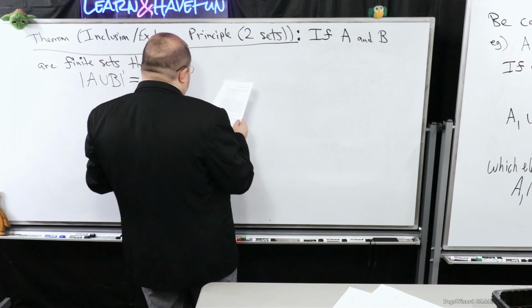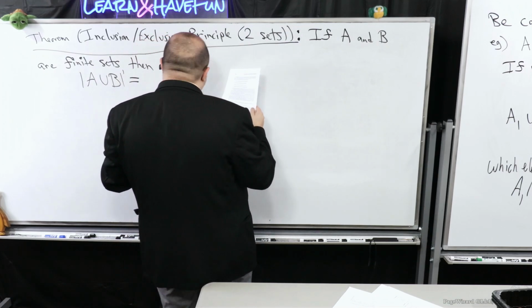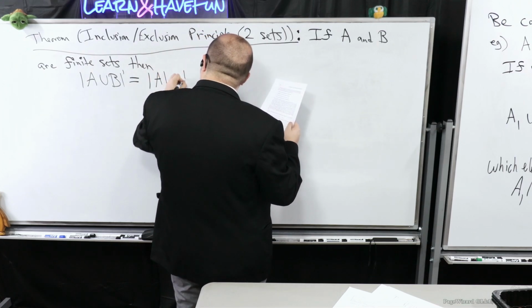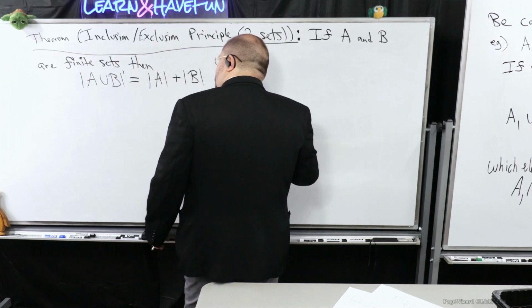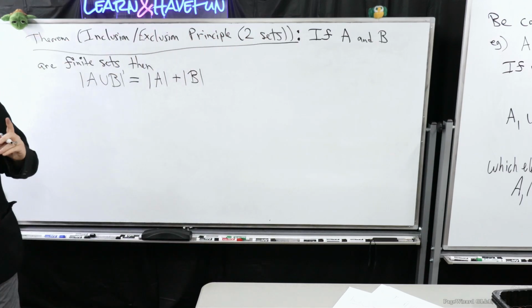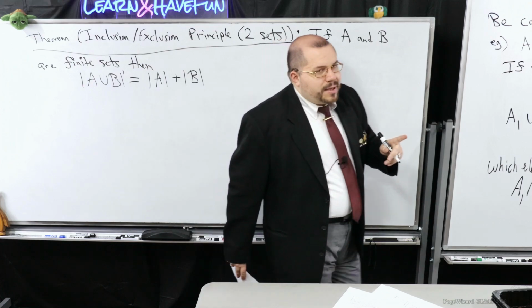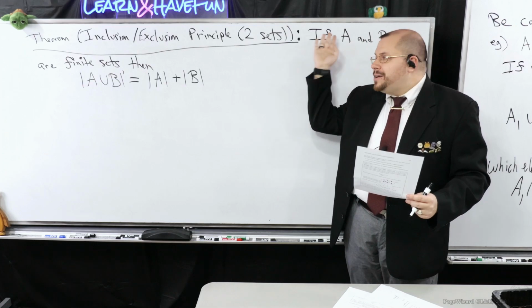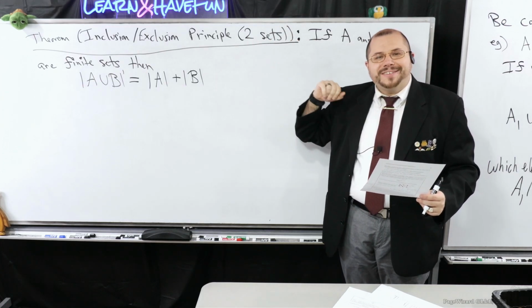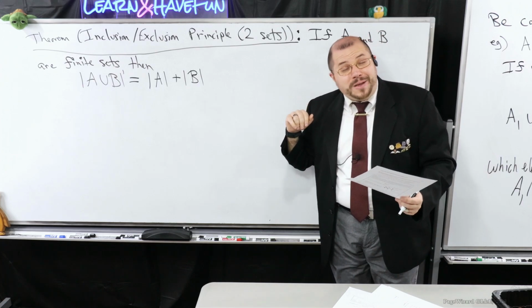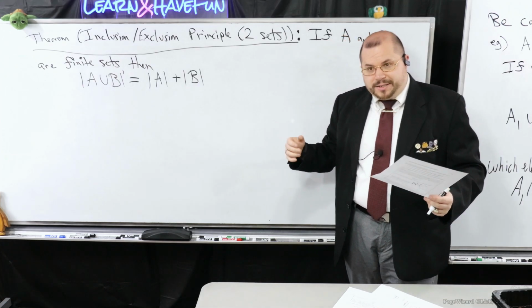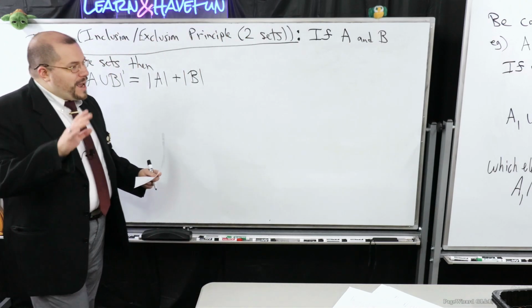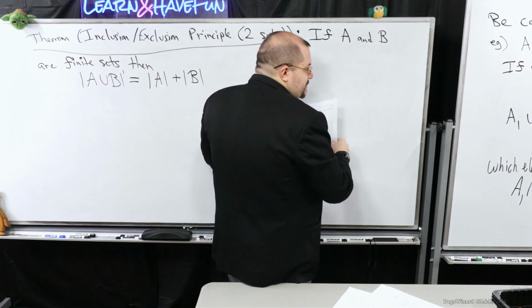well, we can walk through the same exercise we did over here, just more generally. I can take all the elements in A, the number of elements here, I add them to the ones that I have here, the ones in the other set. But as we previously saw, take note that I did not put any quantifiers on A and B other than that they're finite sets. They may not be mutually disjoint or pairwise disjoint sets. So we're going to have a scenario just like the one we had over here.